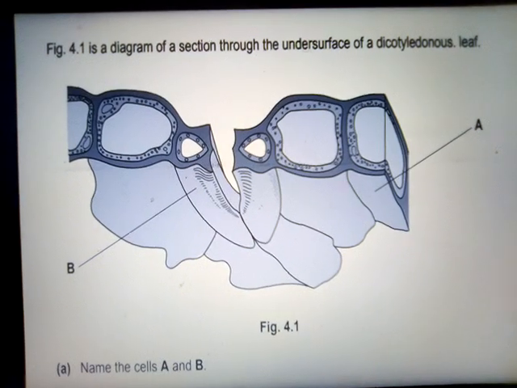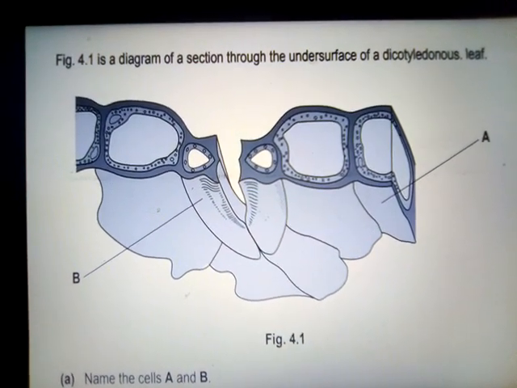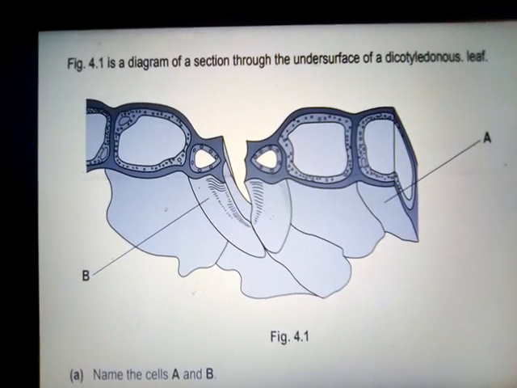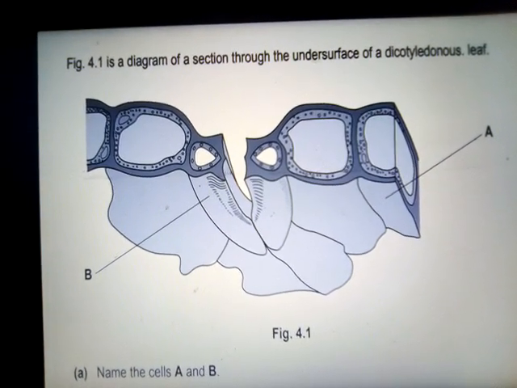Figure 4.1 is a diagram of a section through the undersurface of a dicotyledonous leaf.